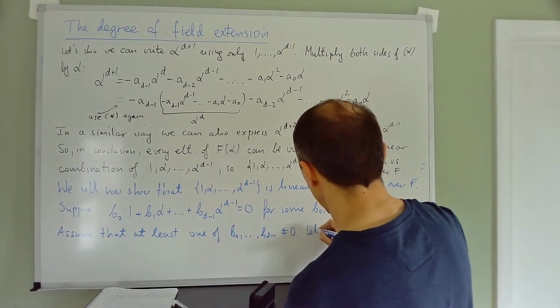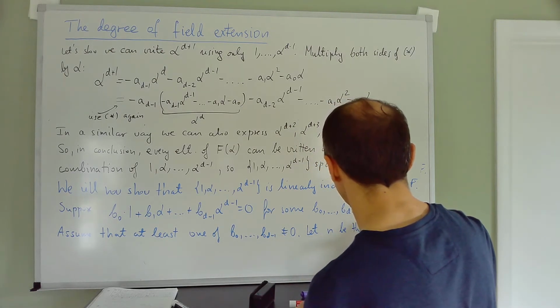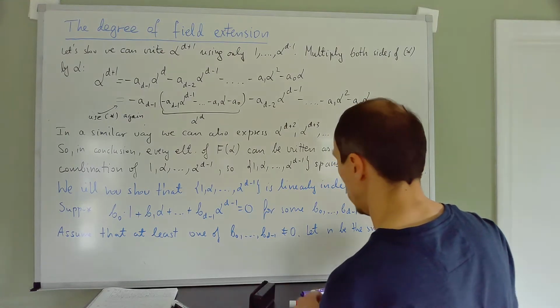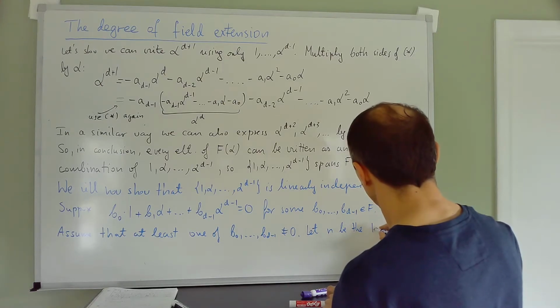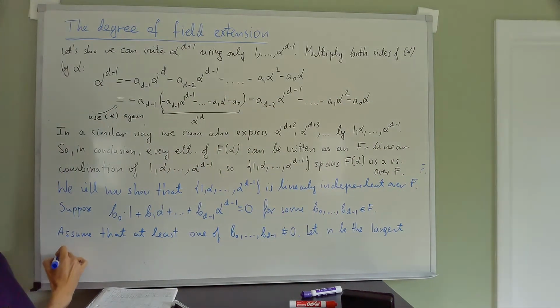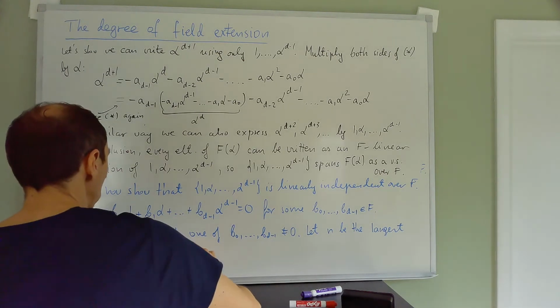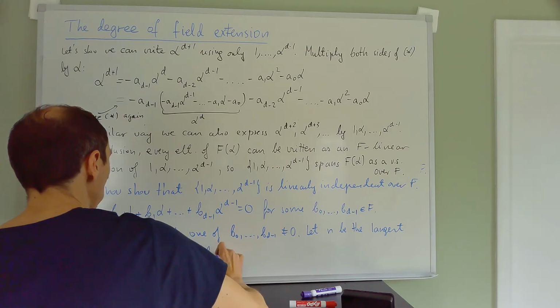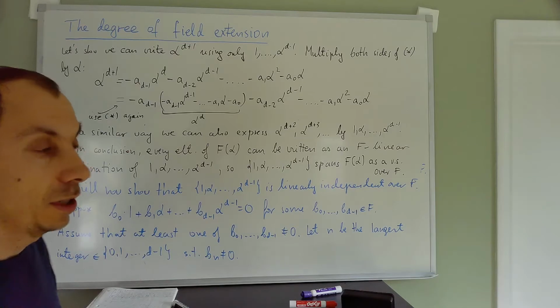So let n be the largest integer in the set 0, 1 through d minus 1 such that bn is non-zero. Okay, so maybe b d minus 1 is 0.